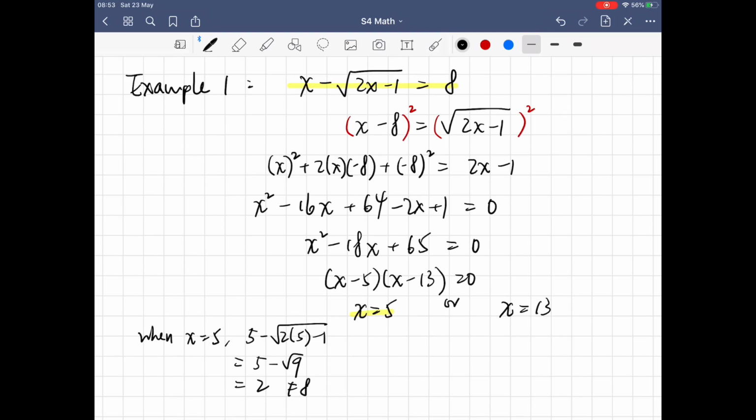Then this answer we have to reject. Then again we check the answer for x equals 13. It will become 13 minus the square root of 25, and it equals 8. So for x equals 13, we don't have to reject.